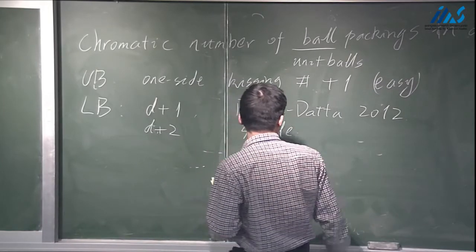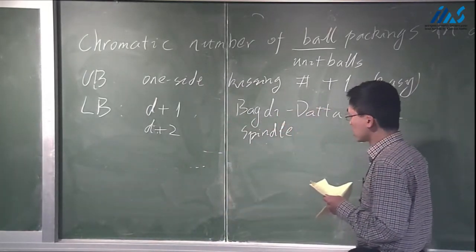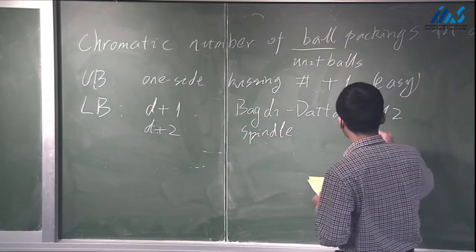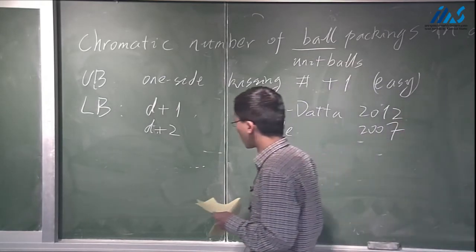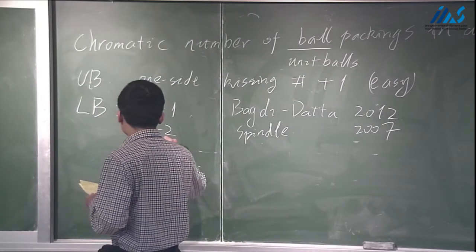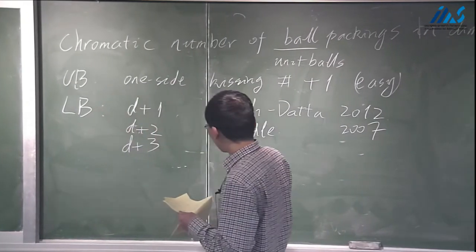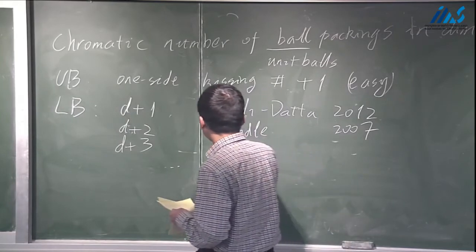Their construction is just in dimension 2, but it's easily generalized to any dimension. It's 5 years ago already, there is a non-trivial construction. And there is a D plus 3 construction, which used halved cubes.